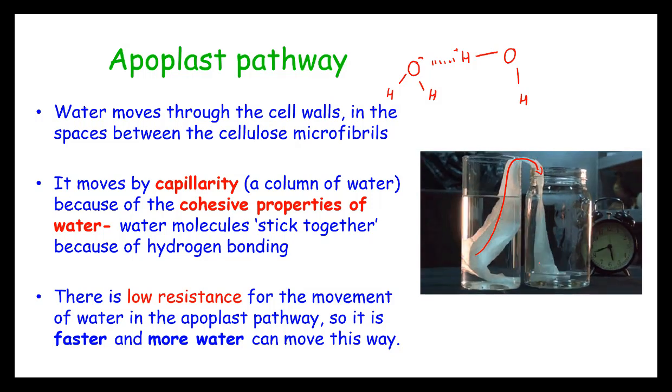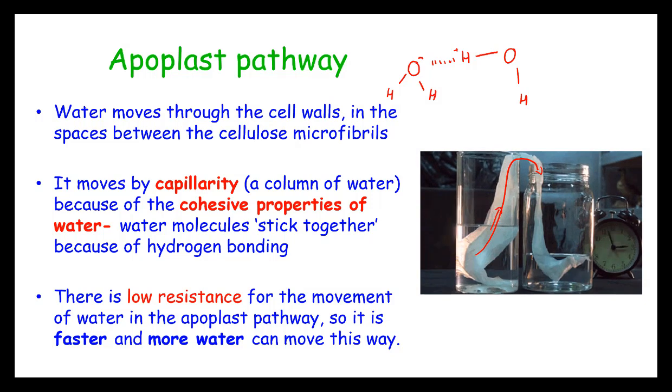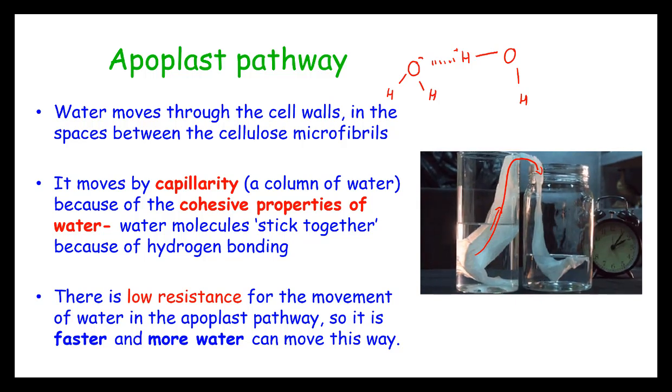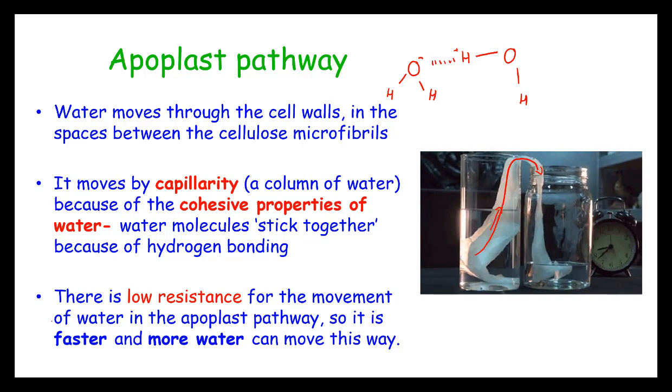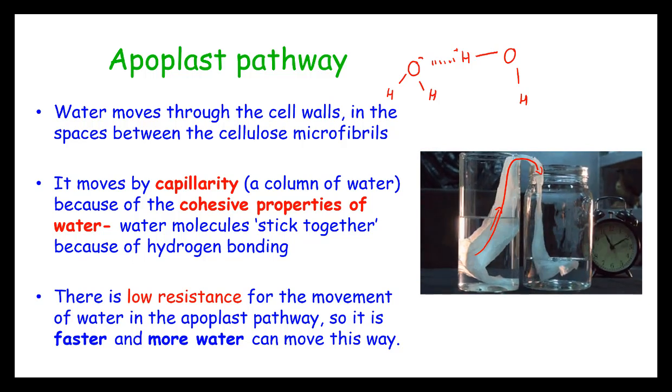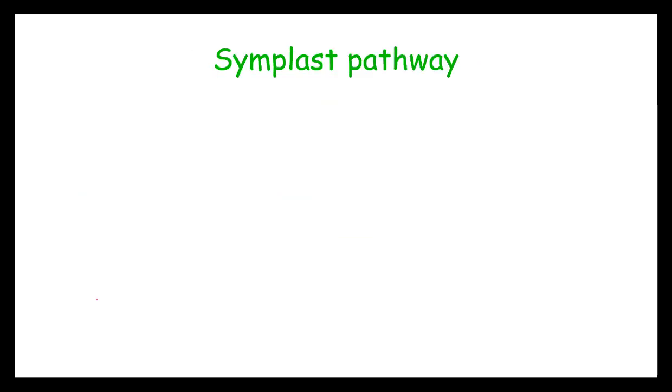And that's basically because the water molecules get absorbed into this, but as they move up, the water molecules behind it, because of capillarity, stick to it and they get pulled along with it. Most of the water will move across the route in this way because there is a low resistance for the movement of water in the apoplast pathway, so it's faster and more water can move that way.